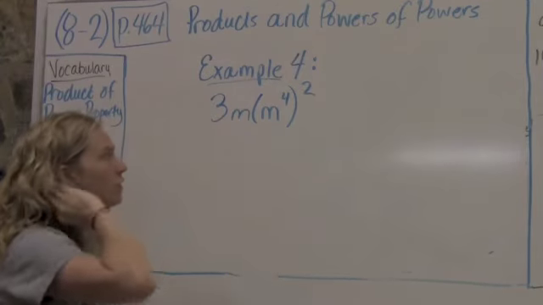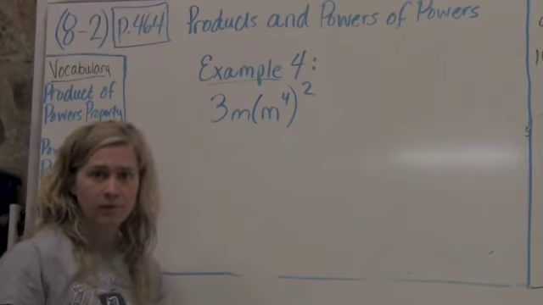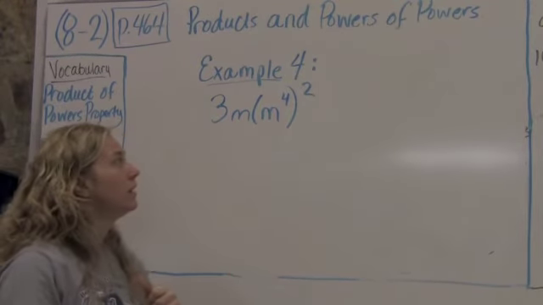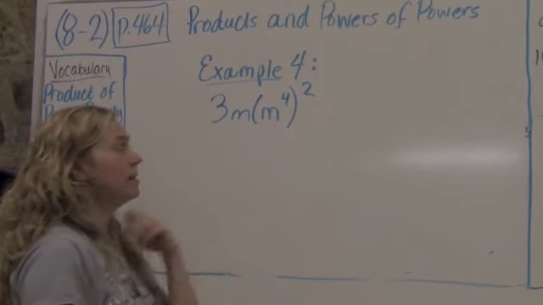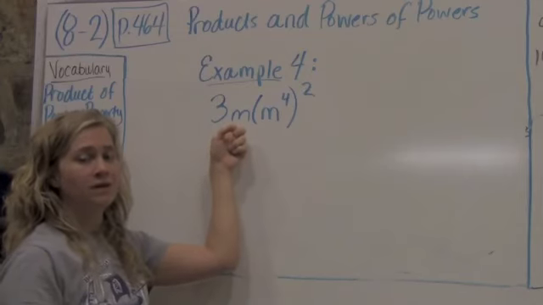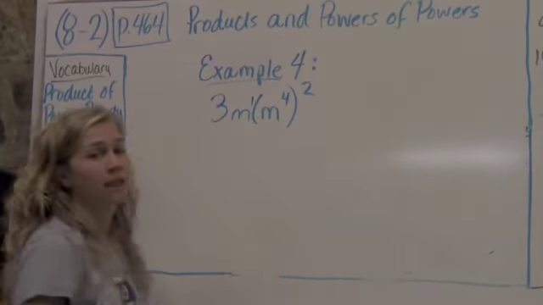You can figure this out using the properties you've learned, the power of powers property and the product of powers property, or you can do completely expanded notation. I will remind you that m alone is still a power, and it's m to the power of 1.